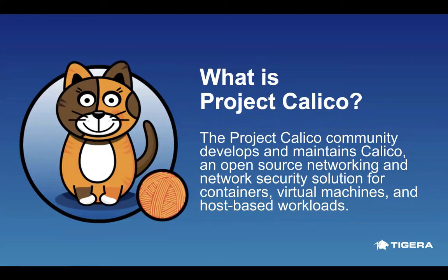So it's a vibrant community around Project Calico itself. It's open source, and you can use it. And it's becoming ubiquitous, becoming a default CNI and network enforcer for Kubernetes workloads.